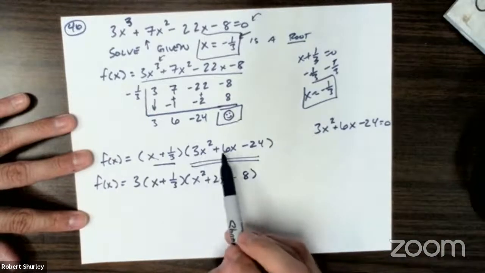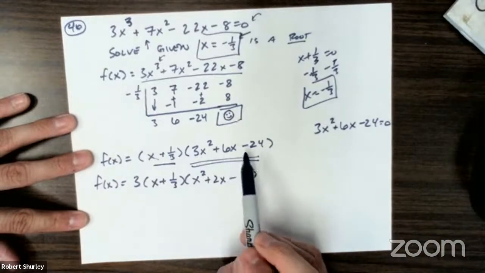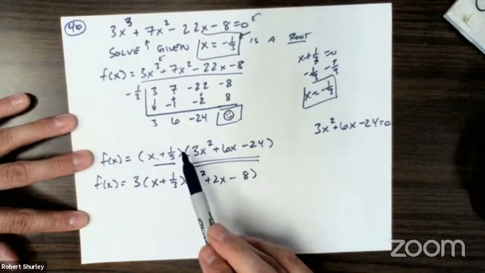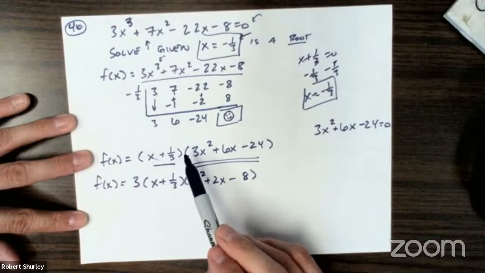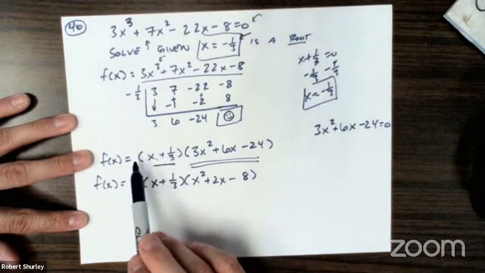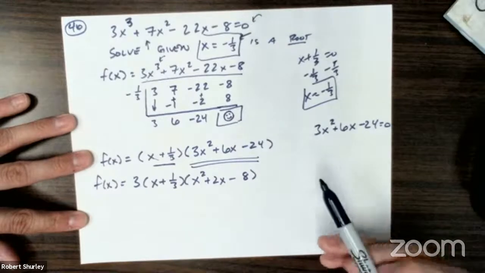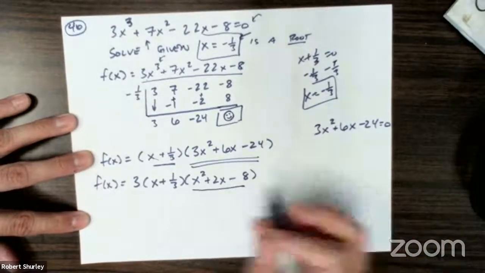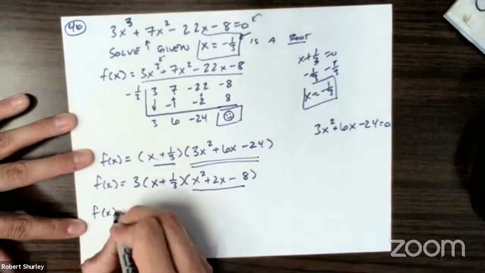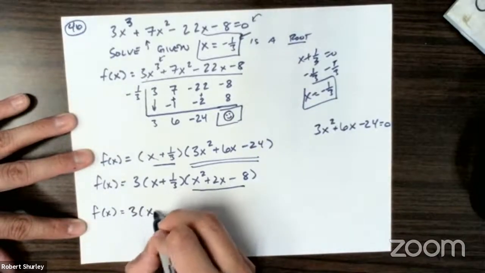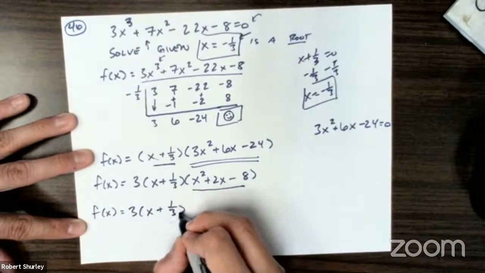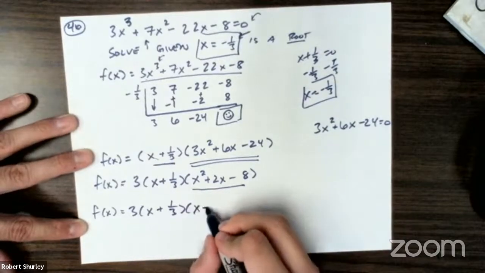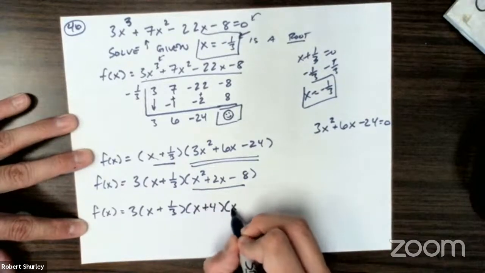So since all 3 of them were divisible by 3, I can factor a 3 out. Now you could write it in between here. It's all multiplication, but it makes more sense for constants just to go to the very front. Okay. And then now all I have to do is factor this trinomial, which is an easy trinomial to factor. This is just x plus 4, x minus 2.